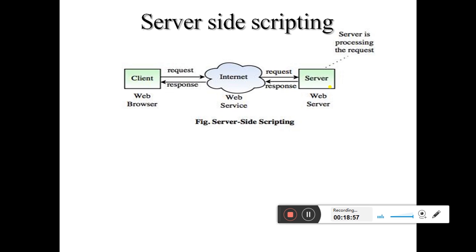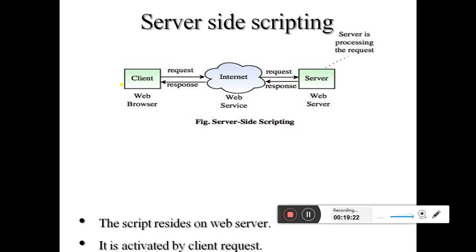After executing the code it will generate the output, but it will not display that output on the server side. It will send the output to the client as a response, and then the client will display that accepted response on the web browser of the client machine. So this is server side scripting.